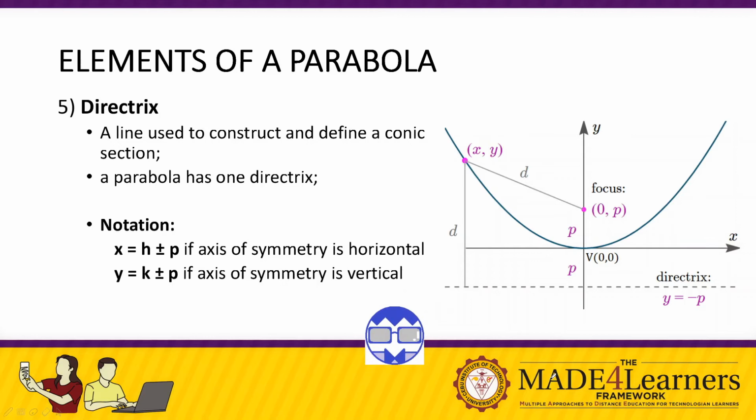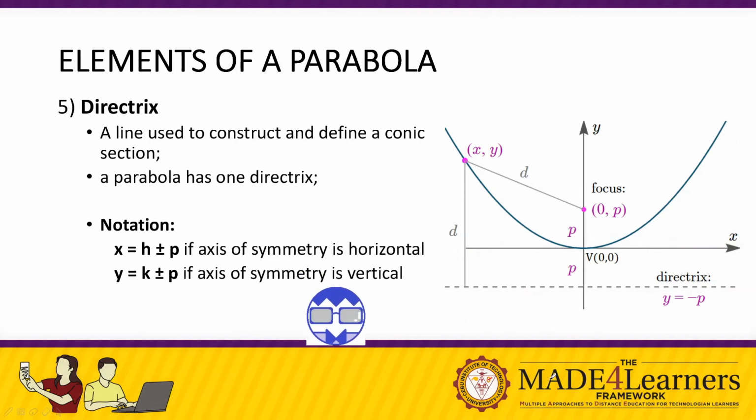Some tips to remember where to add the focal distance: if our parabola is opening left or right, we will use x = h here, because remember, x and h refer to the horizontal movement. H is for the horizontal movement, x is in the horizontal axis.